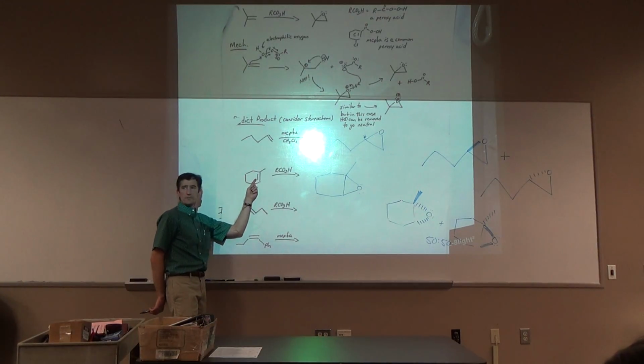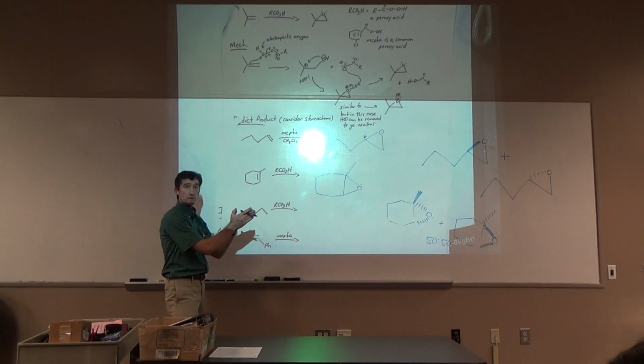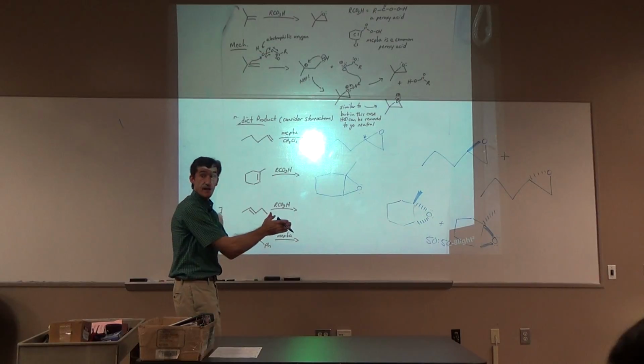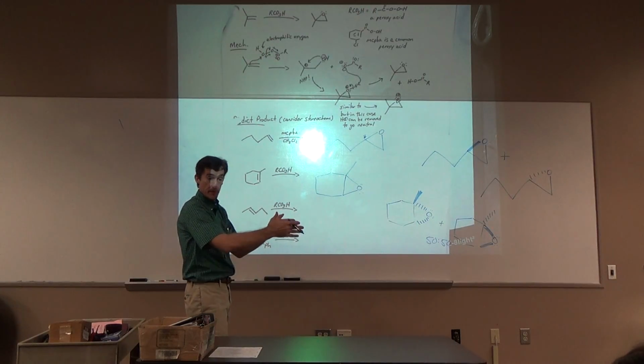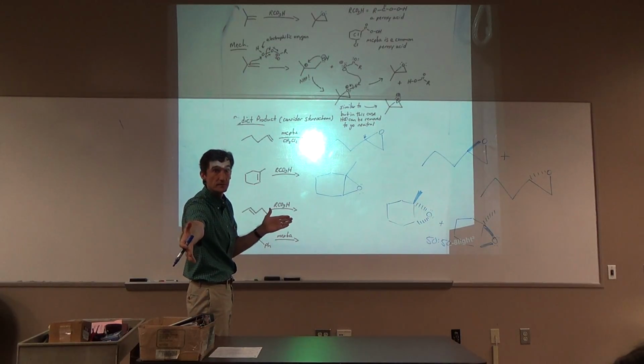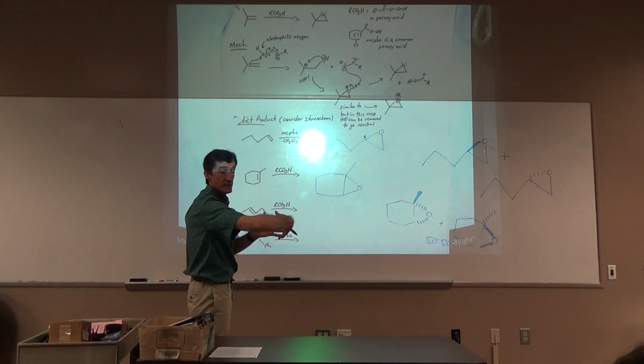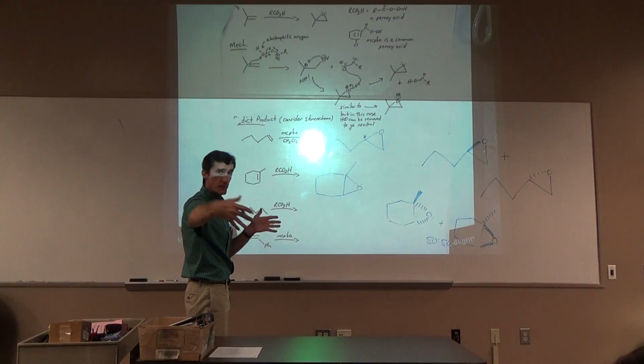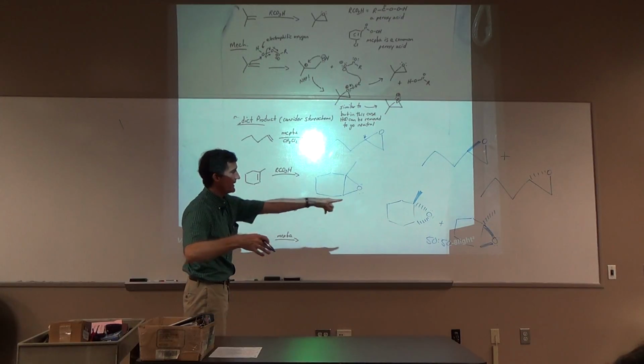It all comes from this being planar, and when it attacks the oxygen, the peroxy acid could be on either side. If the peroxy acid is forward, then the bond to oxygen is going to be forward. So if both bonds to oxygen are forward, the methyl gets pushed back.